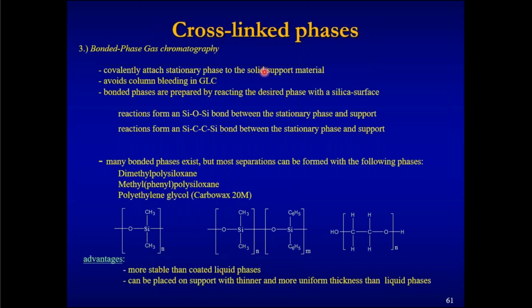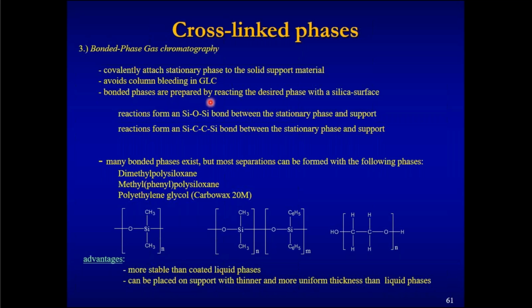Because of this covalent bond formation, it is very difficult to detach the stationary phase from the solid support material. To detach it, you will have to break the covalent bond, and that requires much higher energy. So it's not so easily done. This will prevent, of course, column bleeding in here.